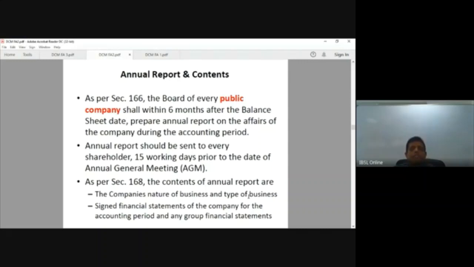Therefore, these days banks are working very hard on the annual report, and they have a deadline normally ranging from 20th February to 28th February to sign off all these annual report documents.